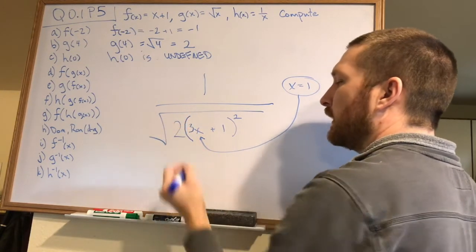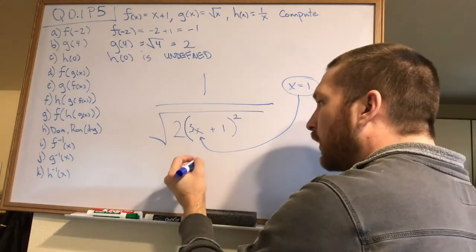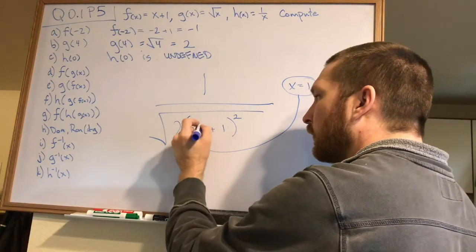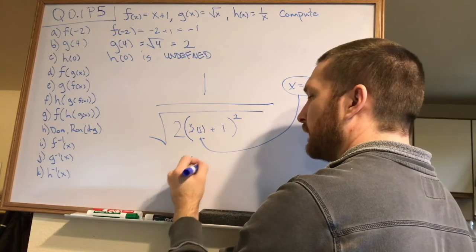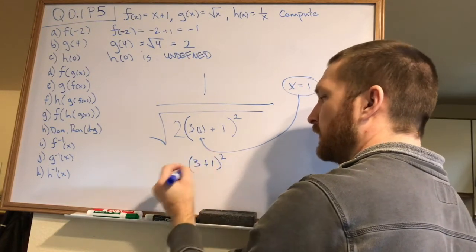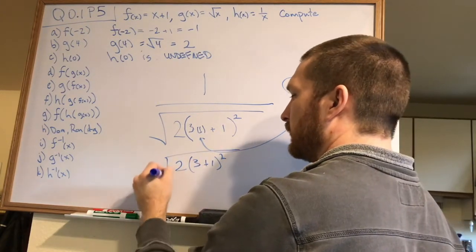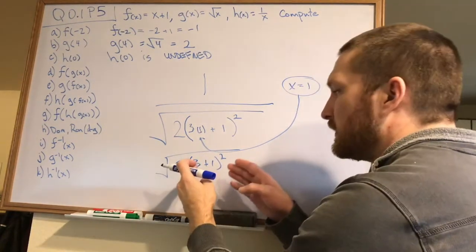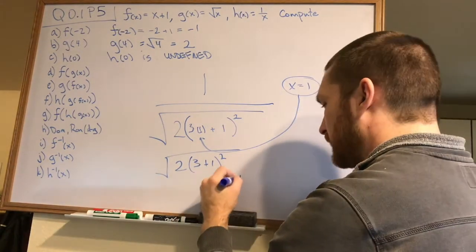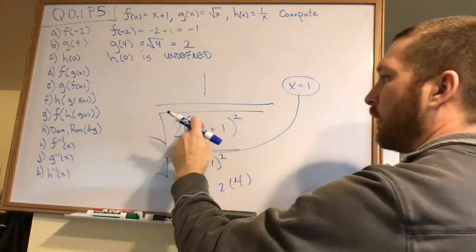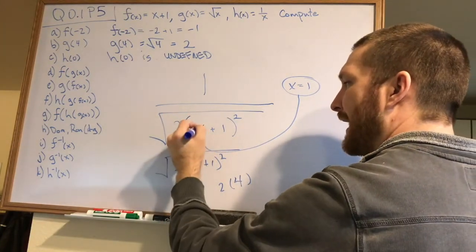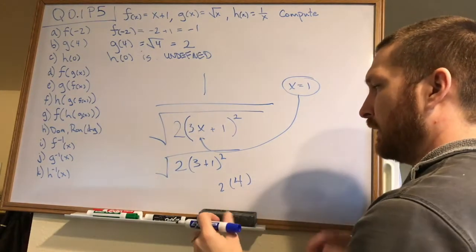We'd say, okay, plug in the 1. Okay, now 3 times 1 is 3. Okay, plus 1, squared, 2 times, and the root. Then we would have to say, okay, 3 plus 1 is 4. Okay, so 4. And you can see what's happening, right? I'm kind of working my way out from that original x that was right there.